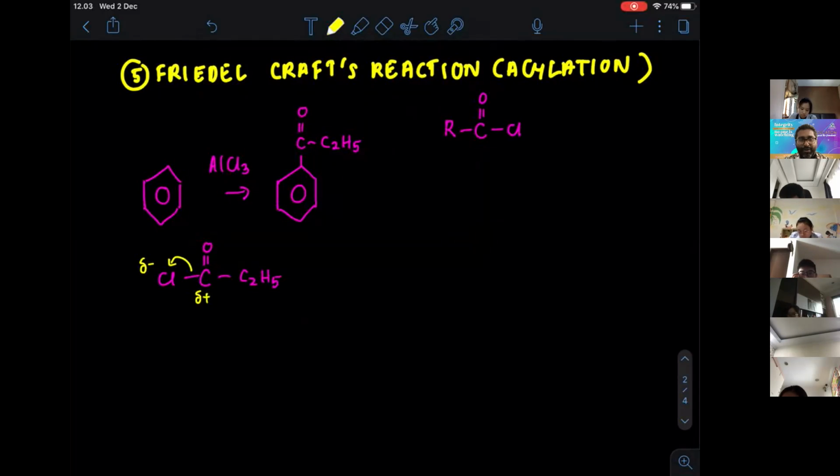So you are going to have a heterolytic fission, leaving Cl:- plus Cl double bond O, C2H5, and this is going to be plus. And do remember which one is the electrophile, which one is the nucleophile. In this case, you know that this is the electrophile.